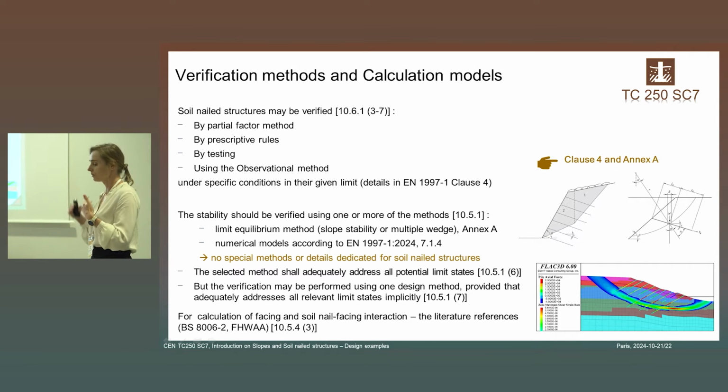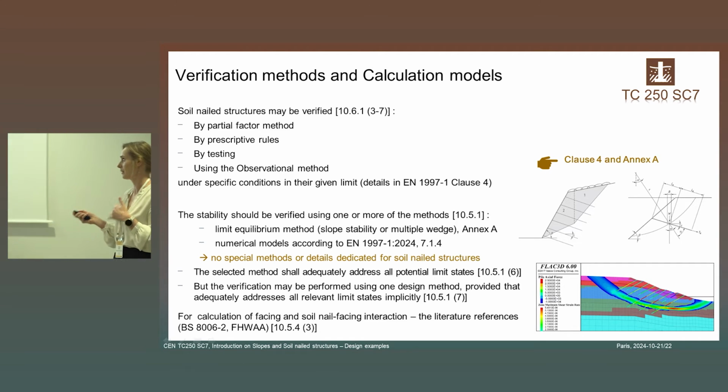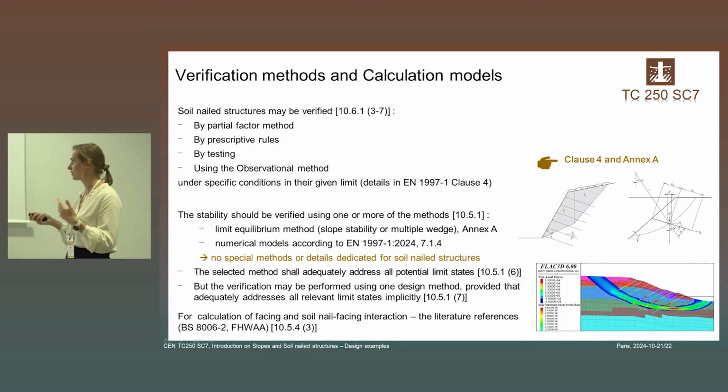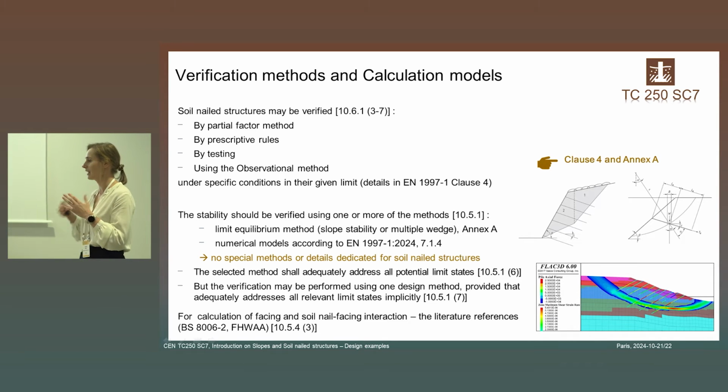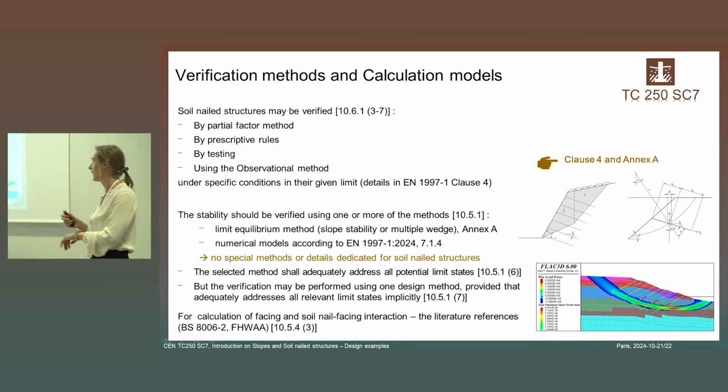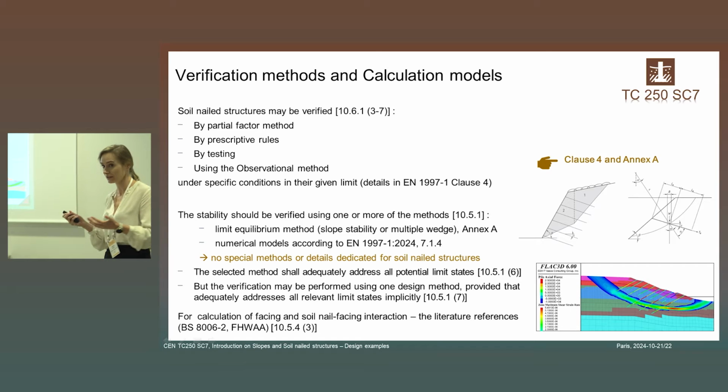When it comes to verification methods for soil nail structures, all of them are also allowed, but we have to be mindful that all these methods have their limitations, with specific conditions under which they can be used. This is defined in Eurocode 7 part 1. The stability should be verified using limit equilibrium methods and/or numerical models.